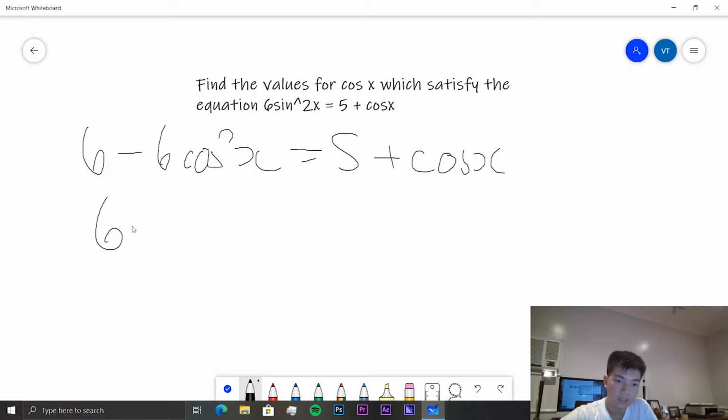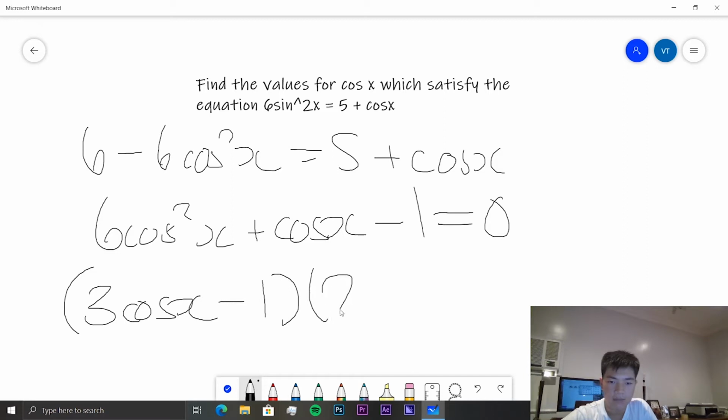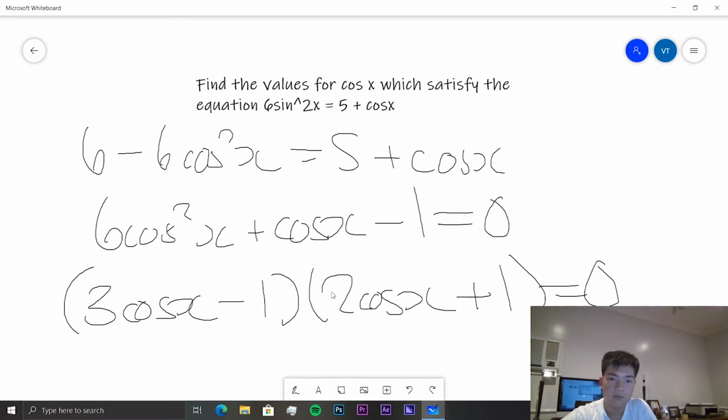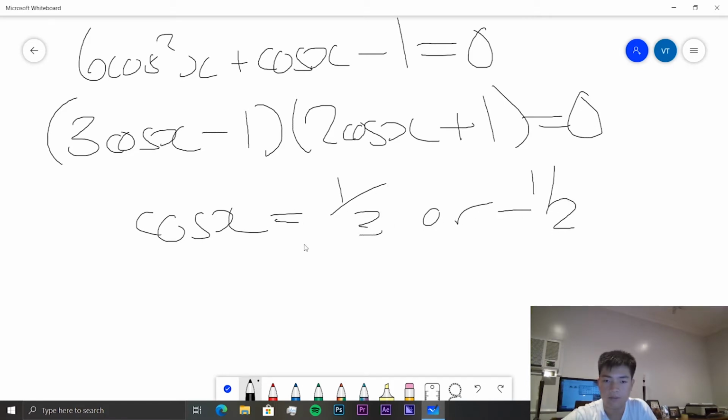So we have 6 cosine squared x plus cosine x minus 1 is equal to 0. So we have 3 cosine x minus 1 times 2 cosine x plus 1 is equal to 0. So the values would be cosine x is equal to 1/3 or negative 1/2.